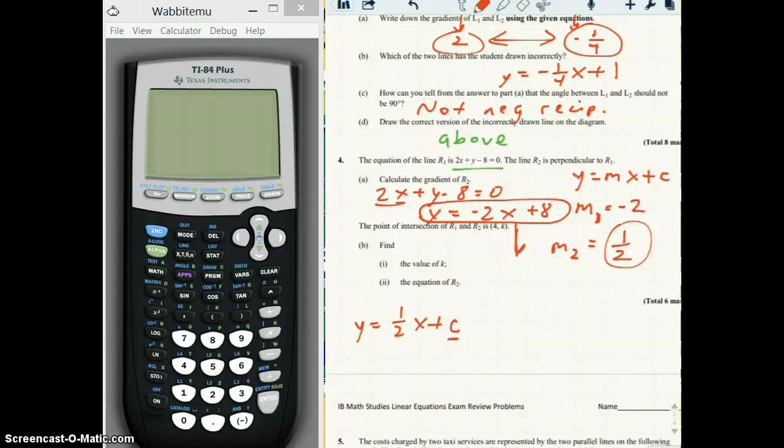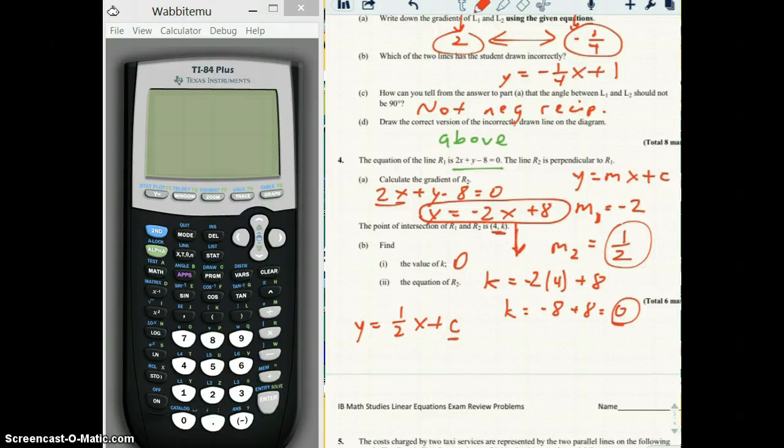We know that 4, k is a point on both equations. So we're going to put 4, k in this equation. So y turns into k, and 4 turns into x. So we get k equals negative 8 plus 8. So k is 0. Okay, so the point of intersection is 4, 0, so k is 0.